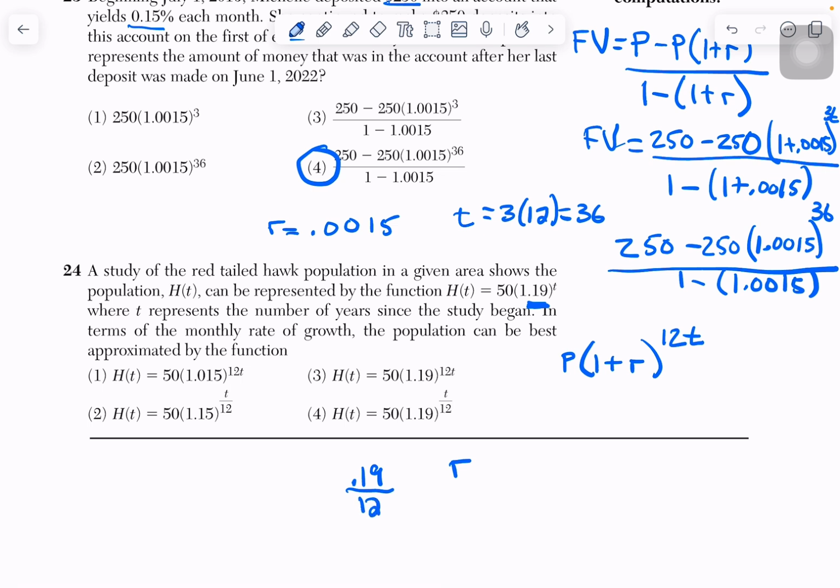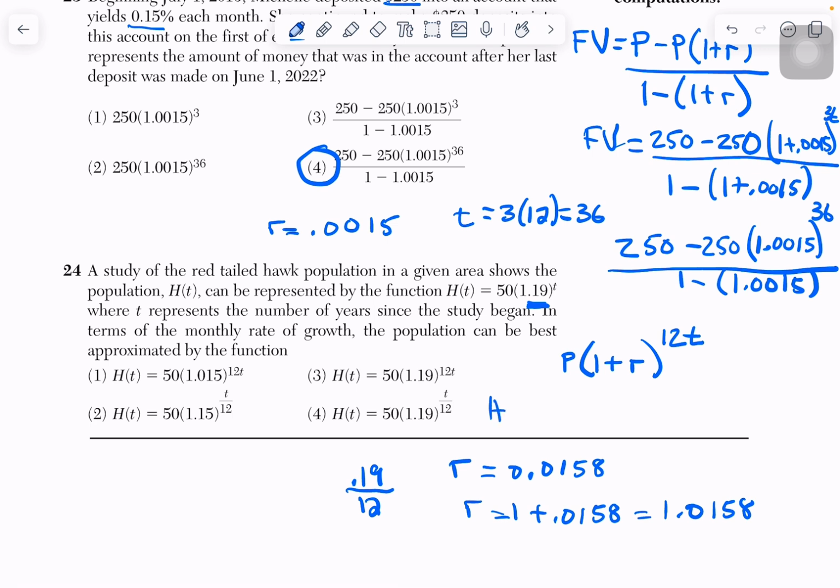Where'd my calculator go? 0.19 divided by 12 is equal to 0.0158, right? So now we have 1 plus 0.0158. Our new rate is going to be 1.0158. All right, so let's put this back in here now.